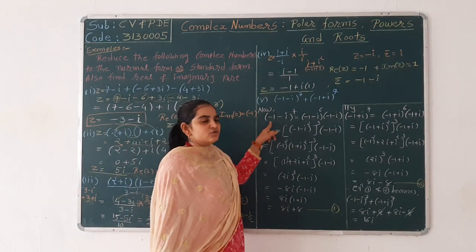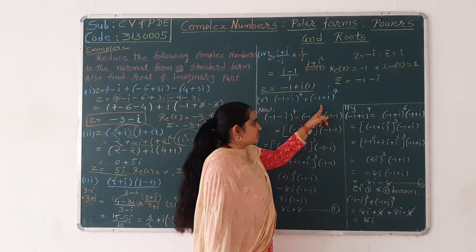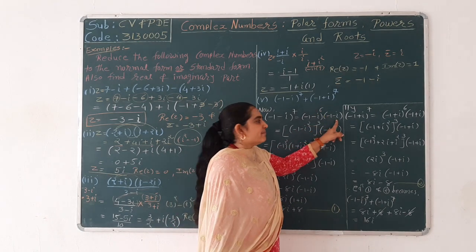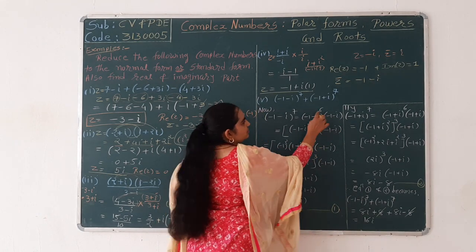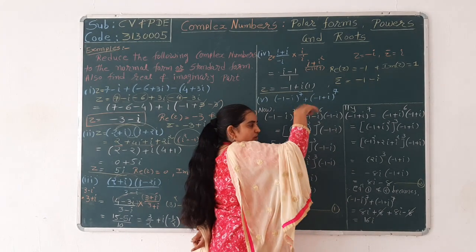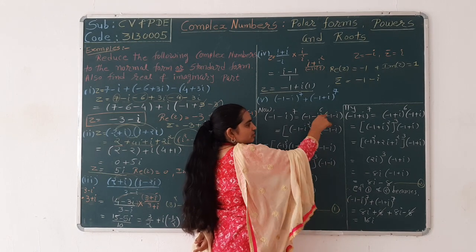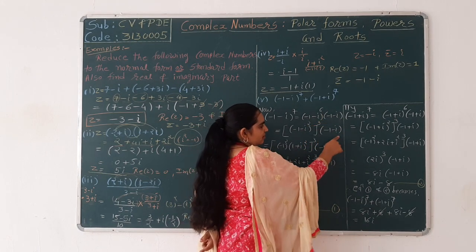Same as minus 1 minus I raised to 7, we can write minus 1 minus I raised to 6 into minus 1 minus I. Now x raised to 6 we can write as x square whole cube. The same as minus 1 minus I whole square, whole raised to cube, into minus 1 minus I.